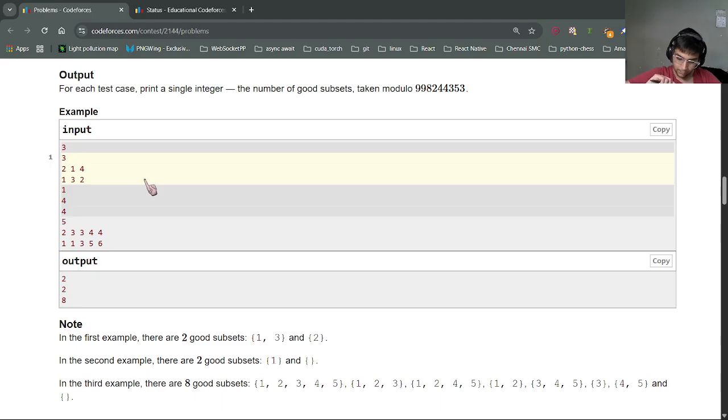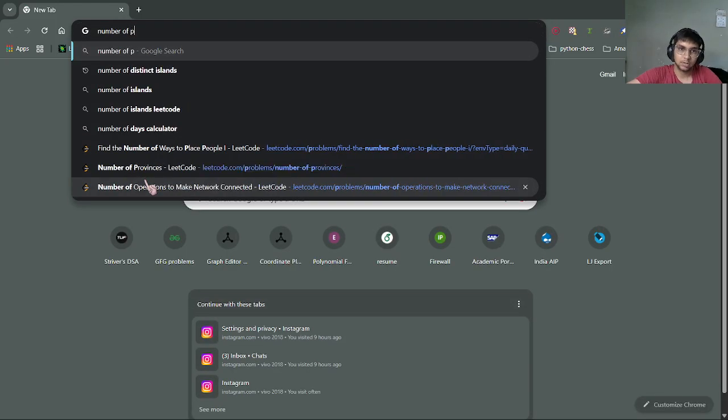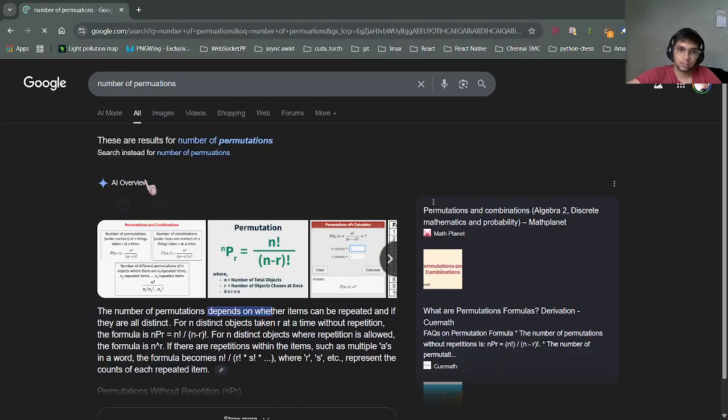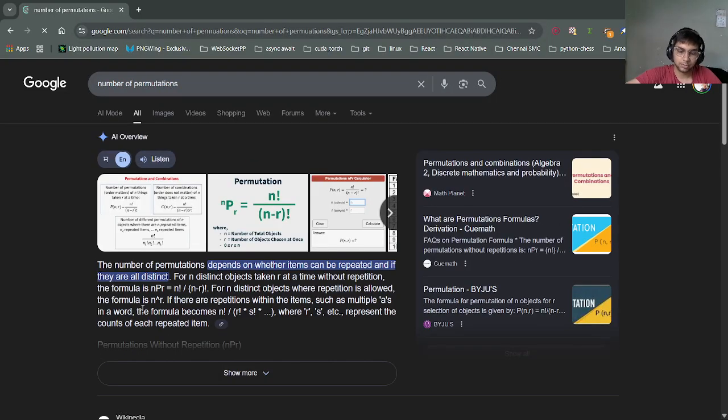Three at a time, that's a little tricky. It is simply the number of permutations.